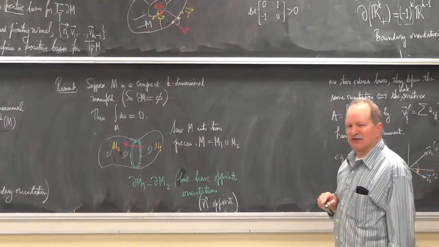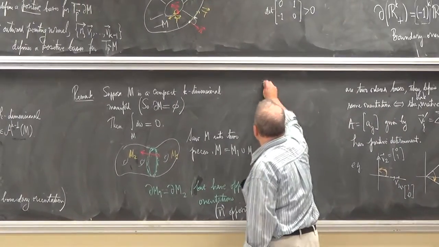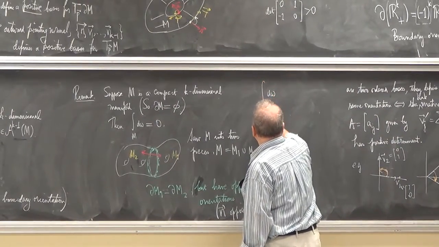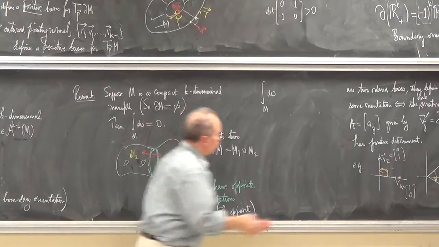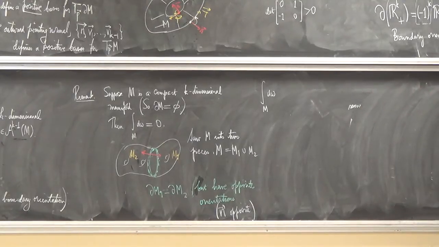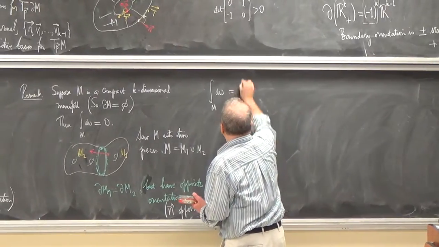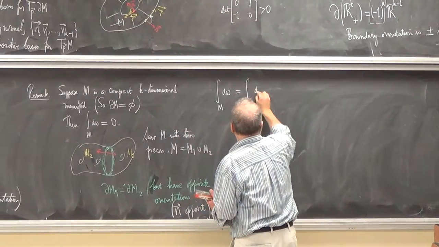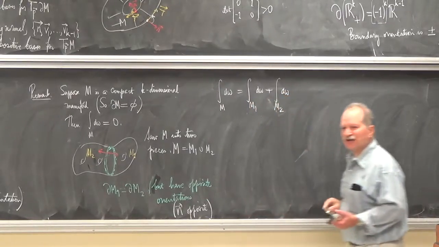So do you see how the proof goes now? Integrating d omega over M is integrating over M1 plus integrating over M2, because I just sawed M into the two pieces.